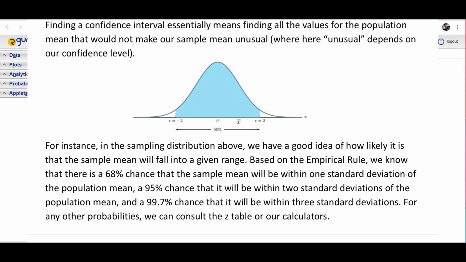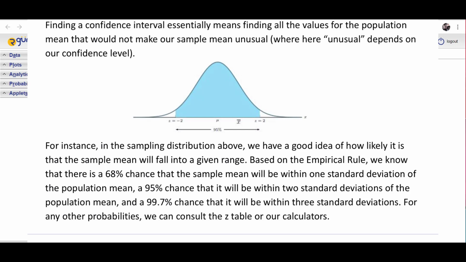So if you recall this normal curve here, the area underneath represents proportion. It also represents probability. And a probability that is less than 0.05 up to this point is what we have always considered unusual.